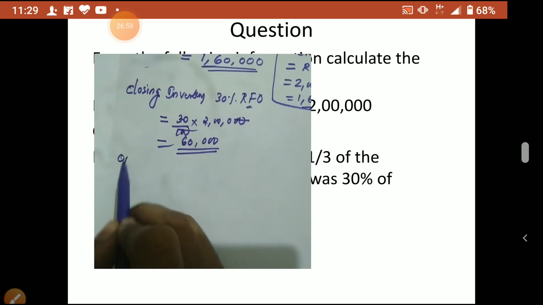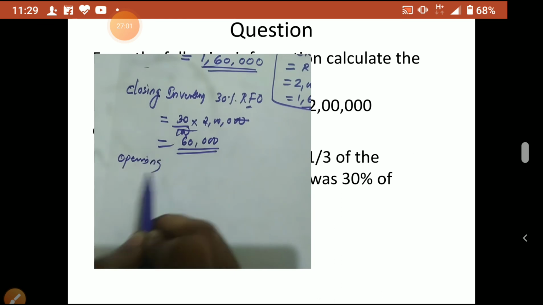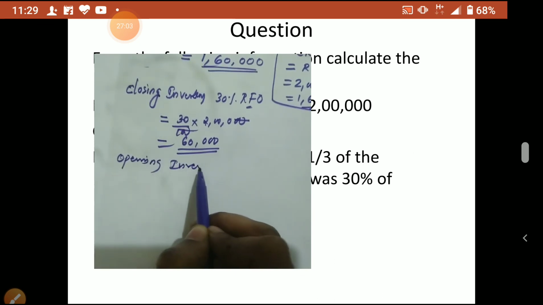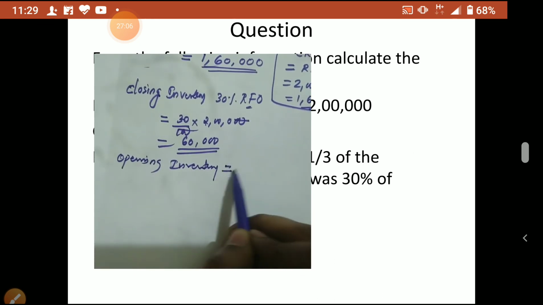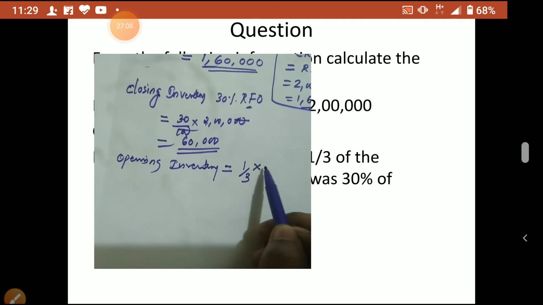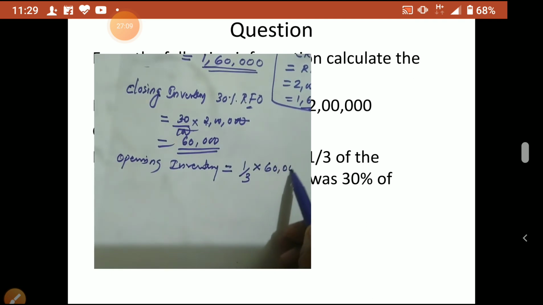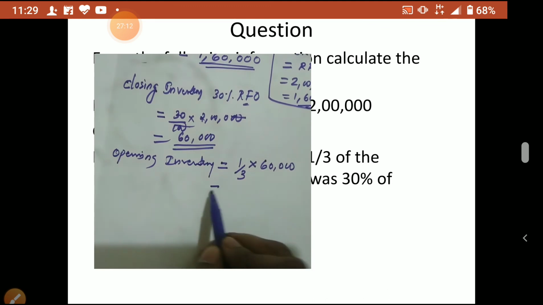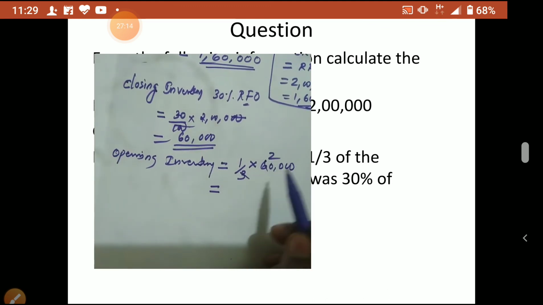So opening inventory is 1/3 of closing inventory, 1/3 into 60,000, which is 20,000, the opening inventory.